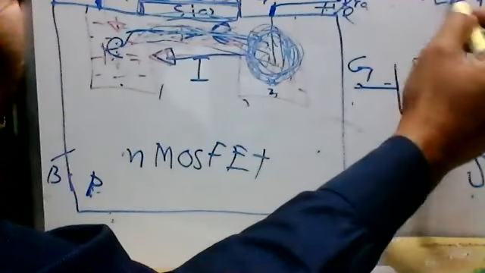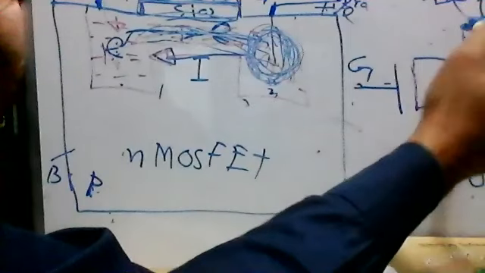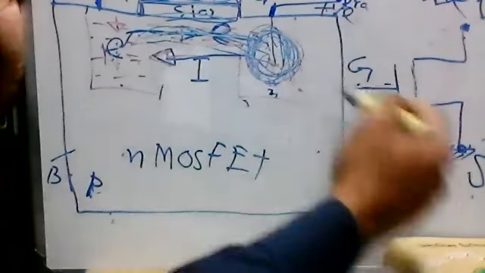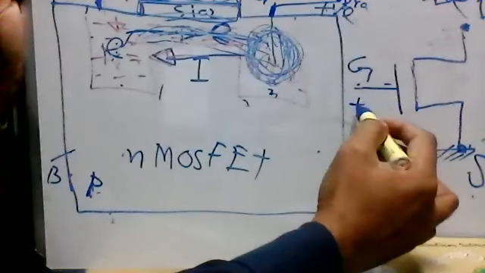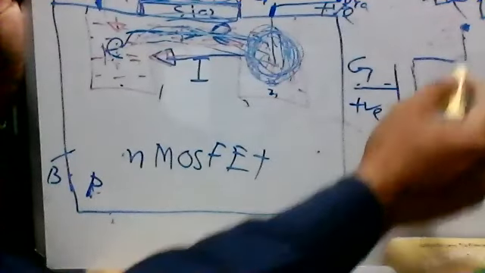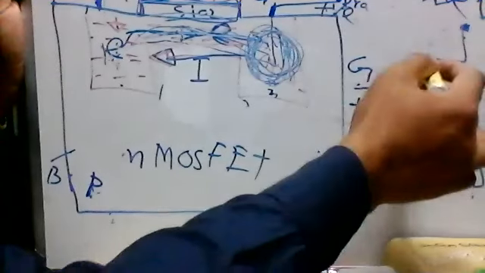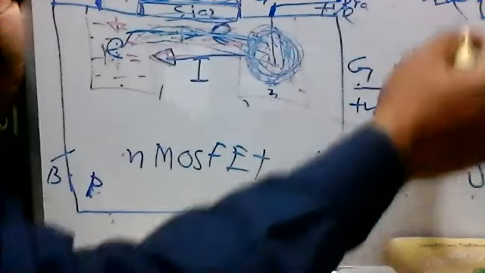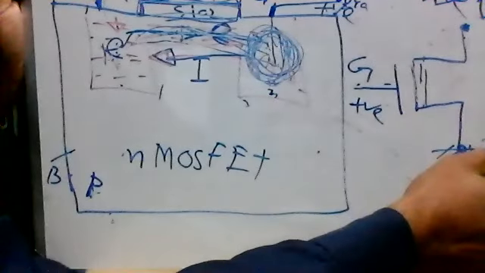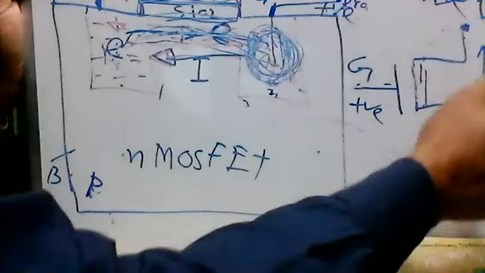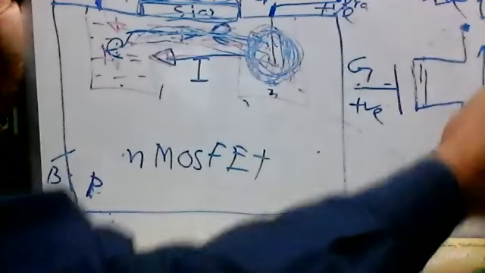So we put a positive voltage, and this is the drain. And the gate also, you see here, we put a positive voltage, and if we put a positive, then what happened? A channel will be formed here, and the current will start. The electrons will go from here, and the current will go downwards. This is the current.